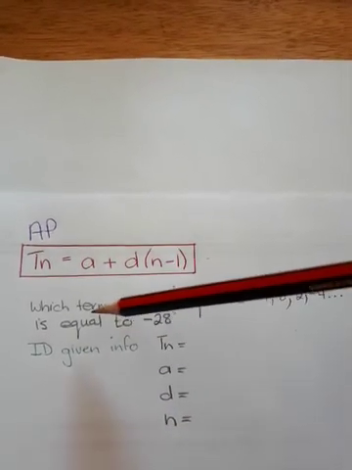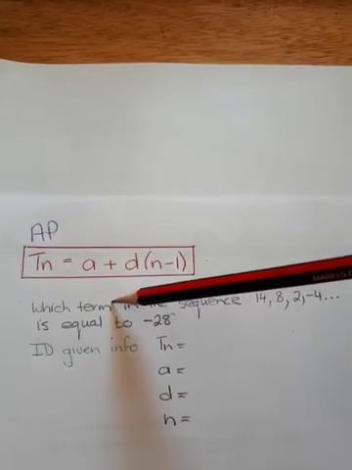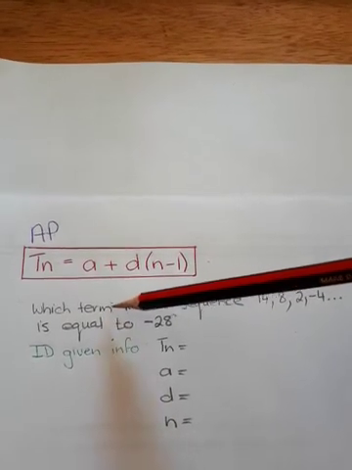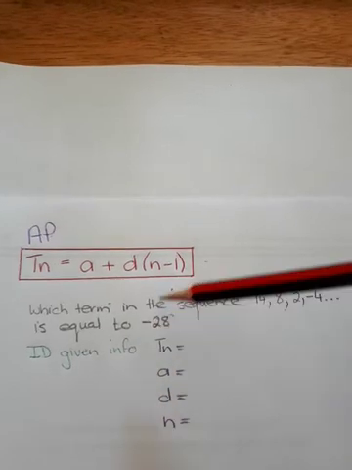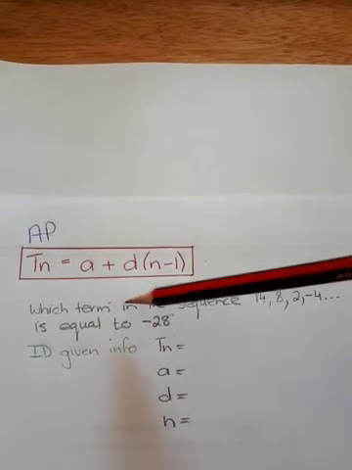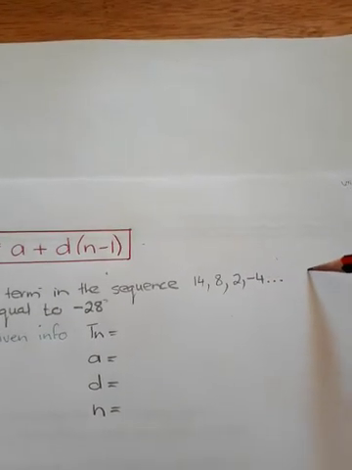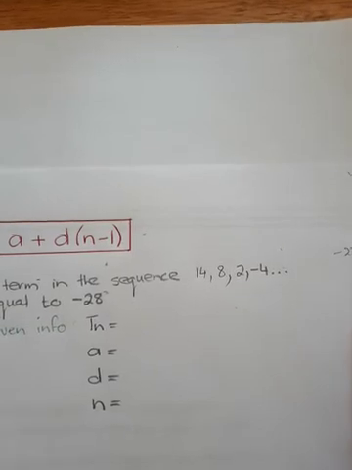They ask you which term. So the term that is given in a specific place is negative 28, right? They ask you, where does negative 28 stand? If you would go on writing these numbers, where would negative 28 stand?